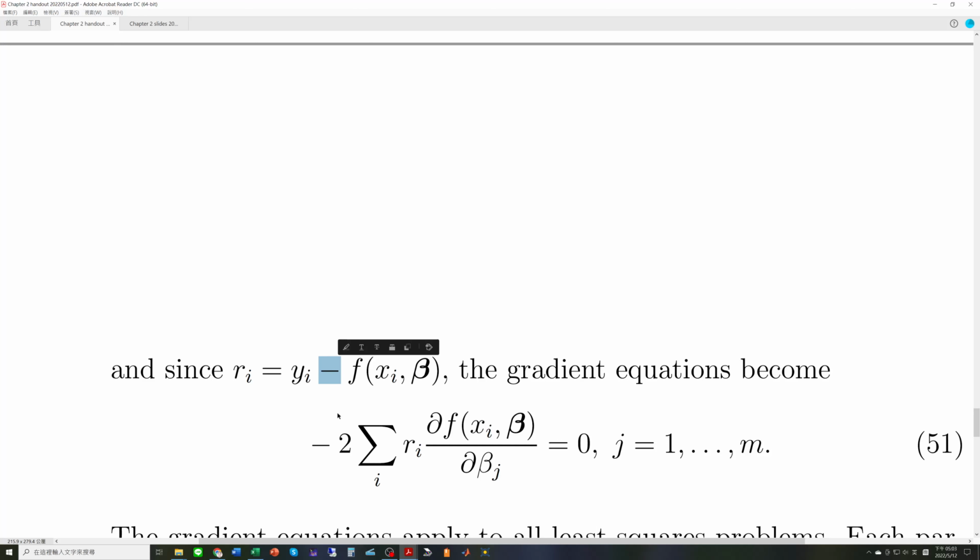The minus sign is moved in front of the equation, and then we have partial f of xi beta over partial beta j, which must be equal to 0, where j is equal to 1 to m.